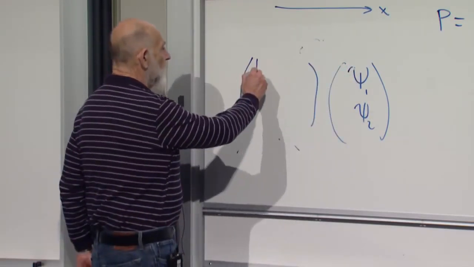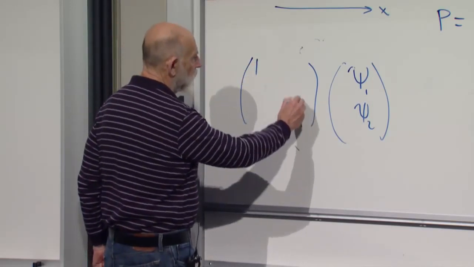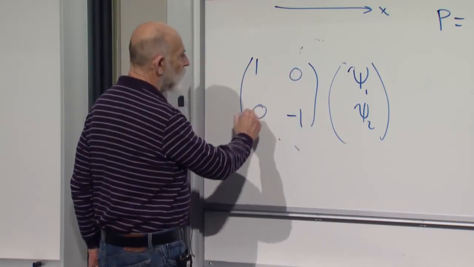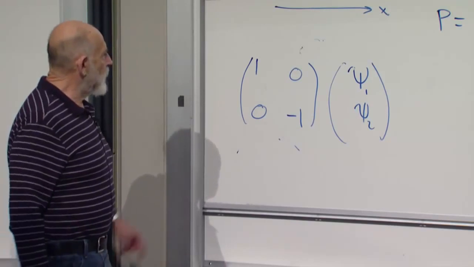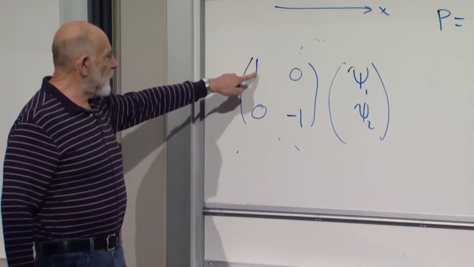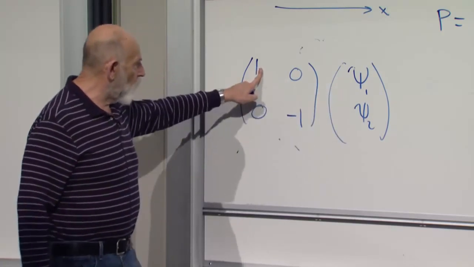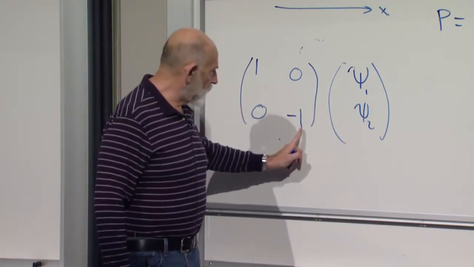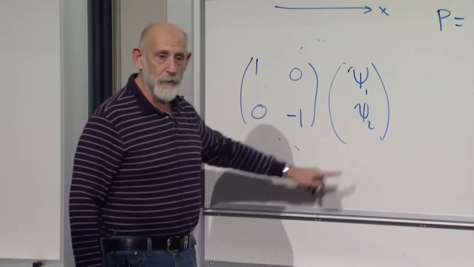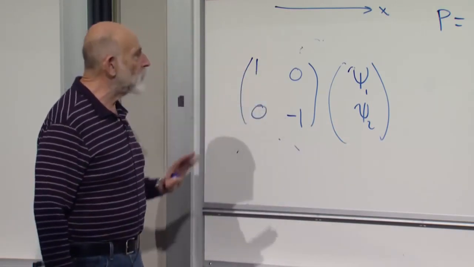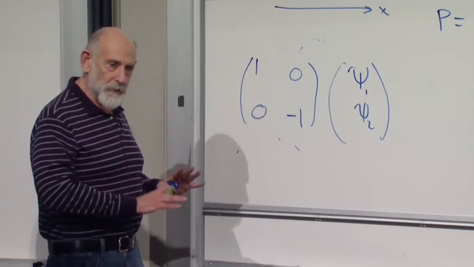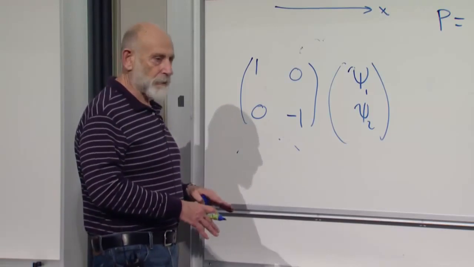Here's a matrix which the eigenvectors are 1 with eigenvalue 1 and minus 1 with eigenvalue 2. So here is an observable which distinguishes the two kinds of particles.